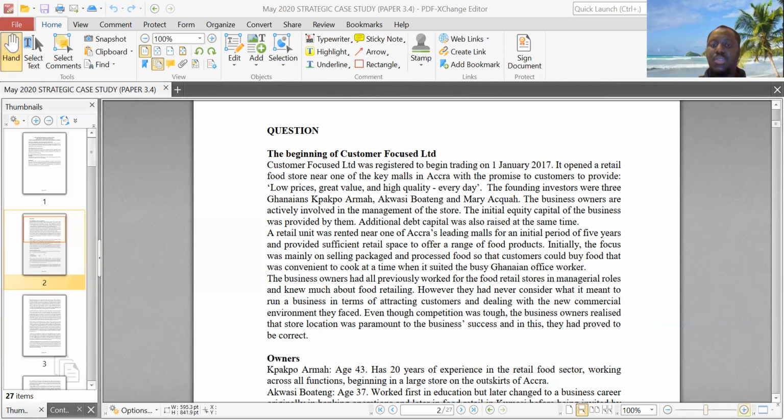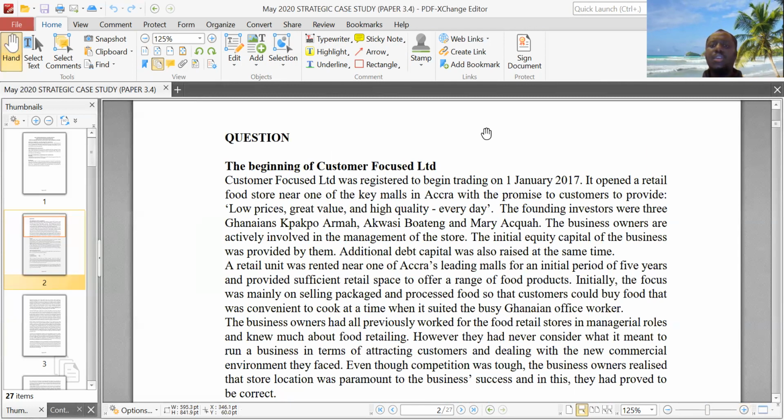This first sentence is important because it gives you an understanding of when Customer Focus Limited received their certificate to commence business. The pre-seen material is telling us that they began on 1st January 2017.